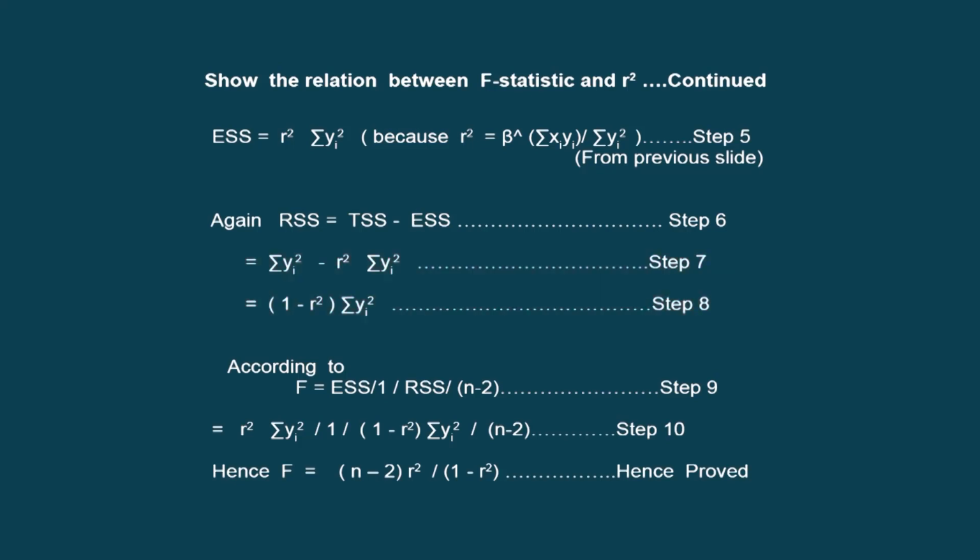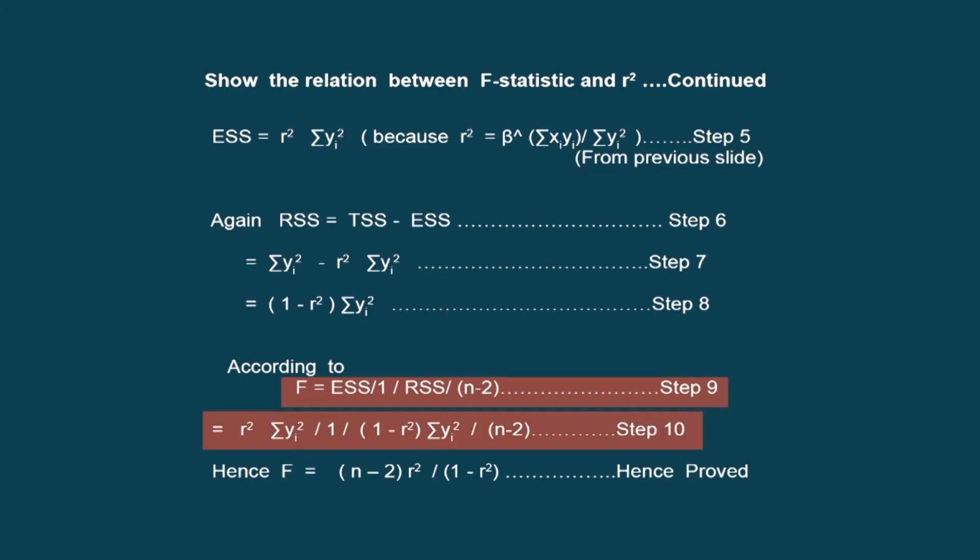Now by the original expression of F, which is written in step number 9, or by the definition of F, it is the ratio of explained sum of squares divided by the residual sum of squares. We put all the expressions here, and after putting all the expressions, we get step number 10, and by rearranging the terms, we get F equals n minus 2 times r square divided by 1 minus r square.